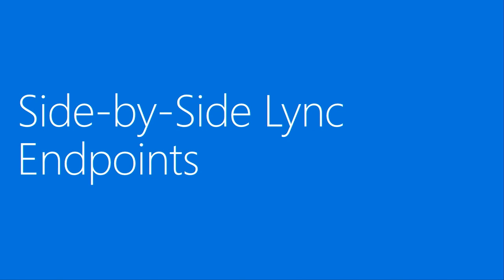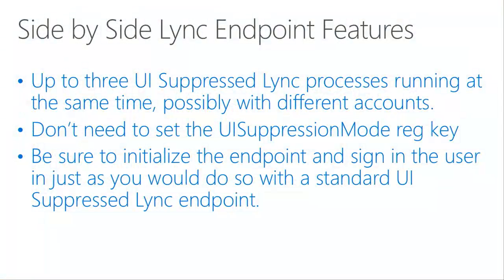They have almost the full feature set of the regular Lync endpoint. That means you can do IM, contact management, and audio video. Of course, it's UI suppression mode, so you must have your own video frame to host the video stream.